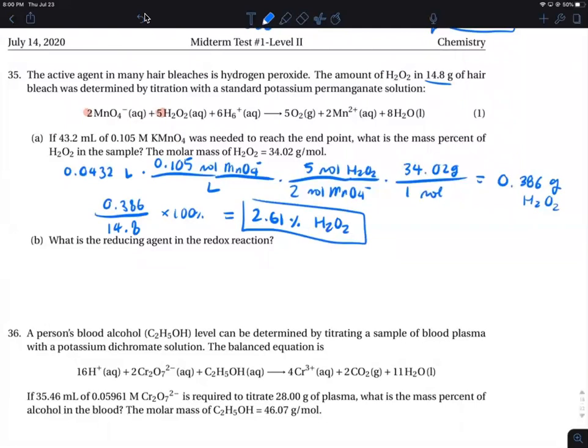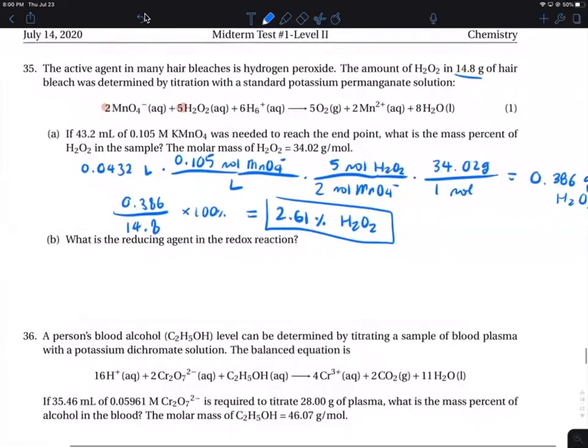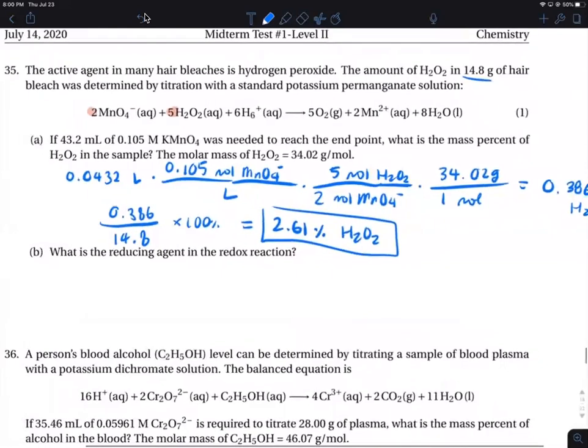And then for part B, what is the reducing agent? The reducing agent is oxidized, so we need to look at what's being oxidized. Let's look at the oxidation numbers for each part. For Mn, it's going to be +7. Oxygen is going to be -2.